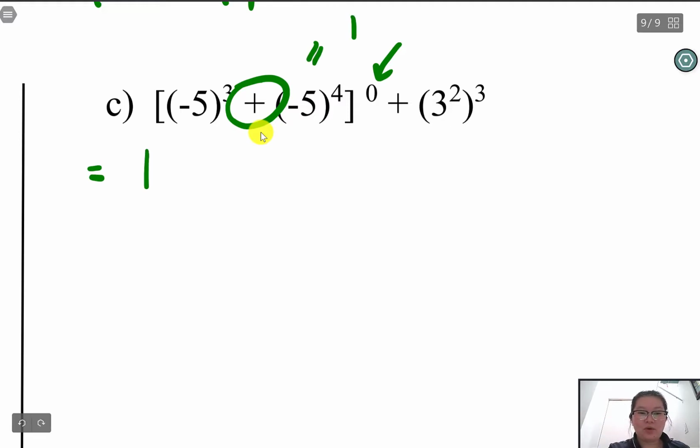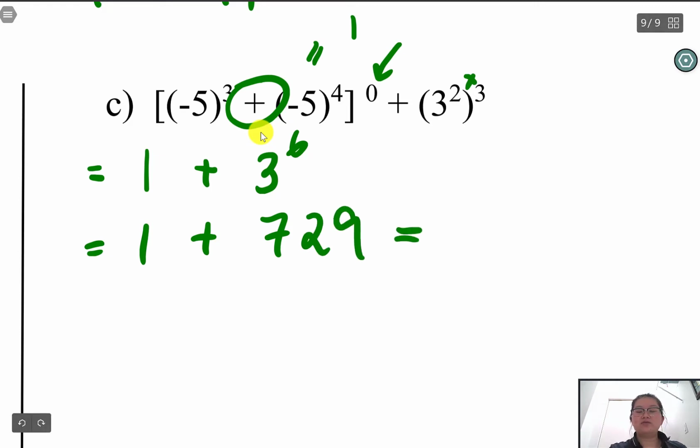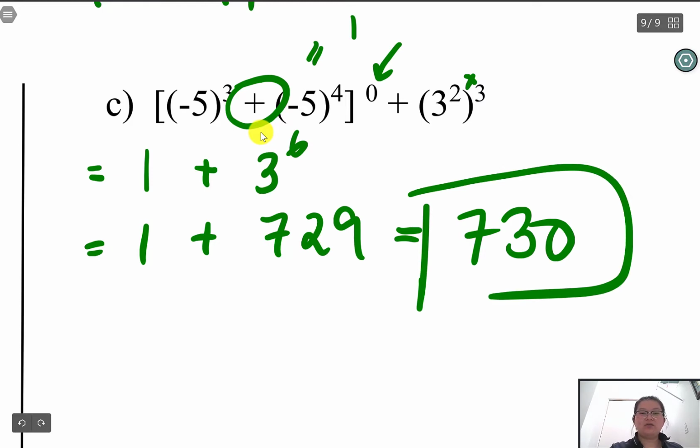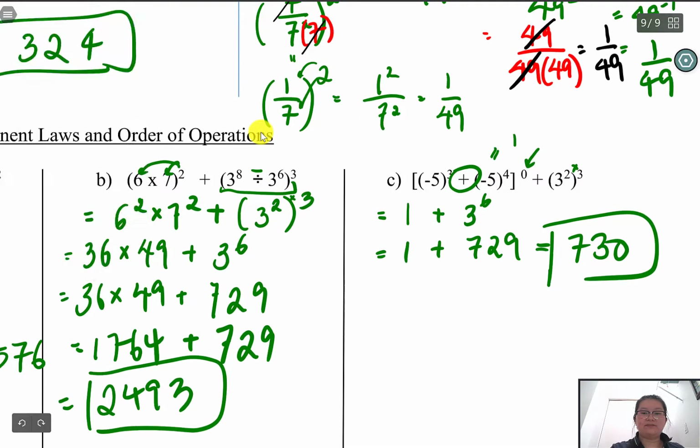So essentially we get 1 plus, now we can apply the exponent laws here. 3 to the power 2, then raised to the power 3 gives 2 times 3, which is 6, 1 plus 3 to the power of 6. And 3 to the power 6, as found in our last example, is 729. 1 plus 729 is 730. Whew! Okay, so there it is, all done.